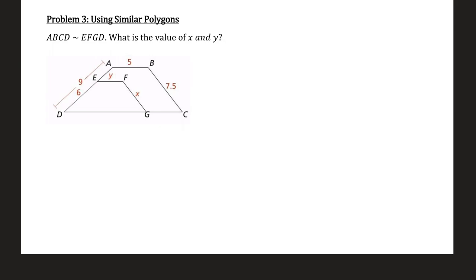ABCD is similar to EFGD. What is the value of X? Well, I can come up with a proportion. I know that I have AD is to ED as BC is to FG.